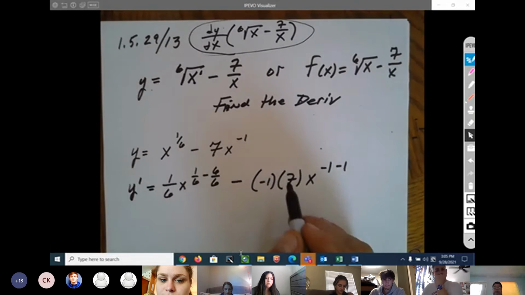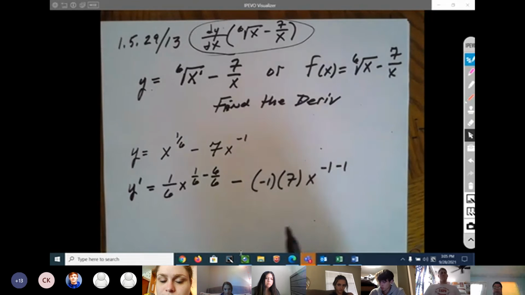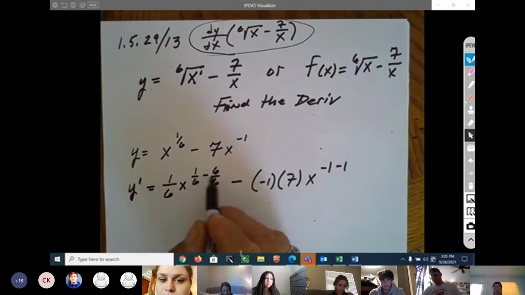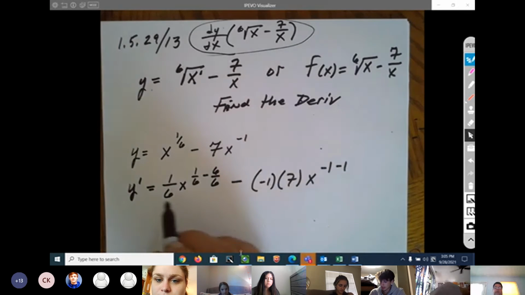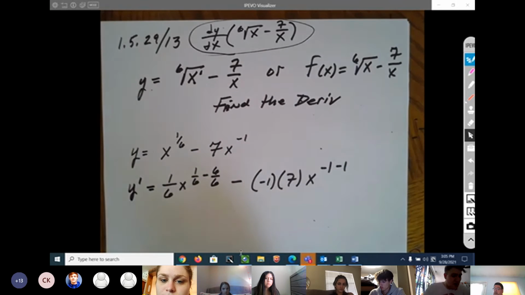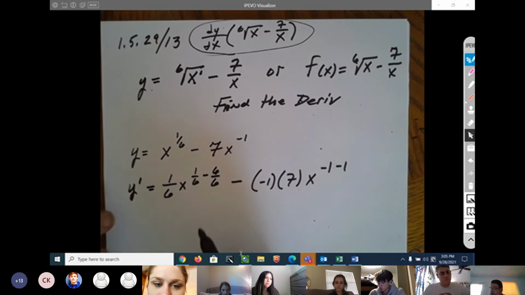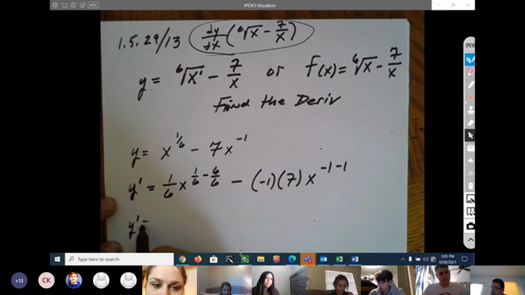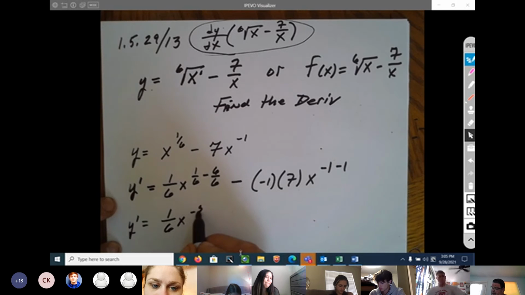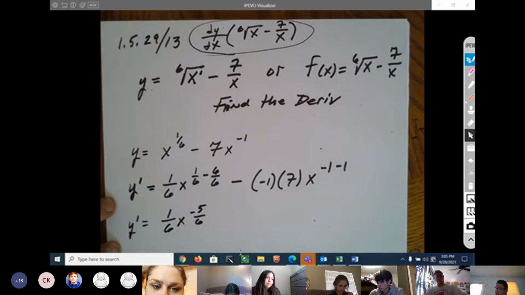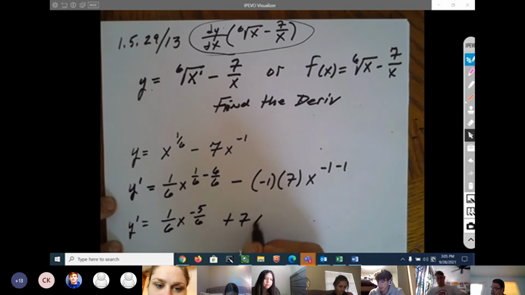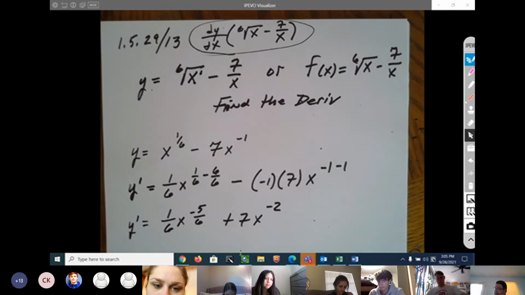And then I put that -1 right there, and I put in a -1 right here. You got to subtract 1, subtract 1. Everybody with me? Yep. So this right here is going to be y prime is equal to 1/6 x to the -5/6 plus 7 x to the -2.